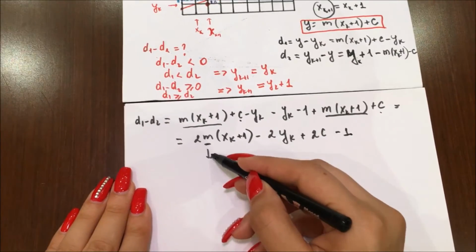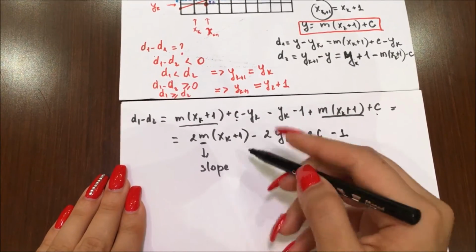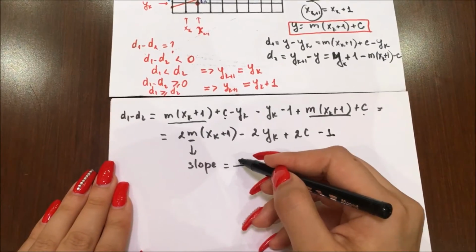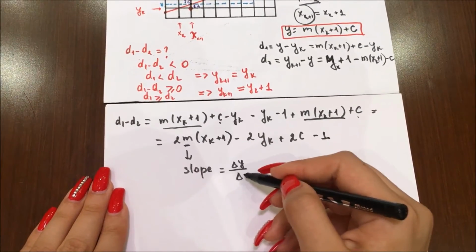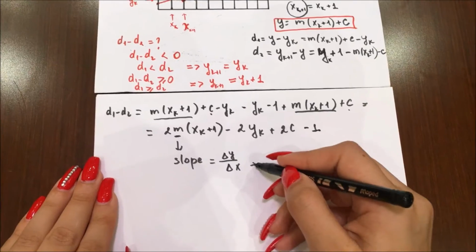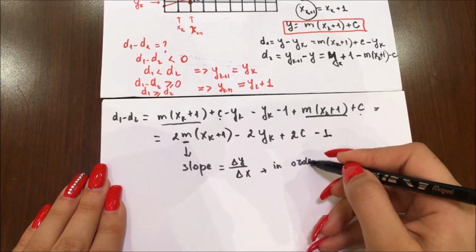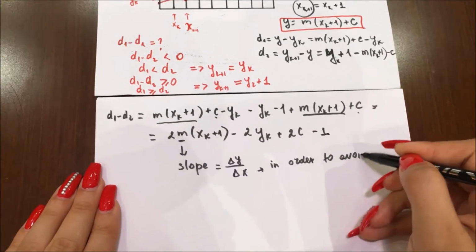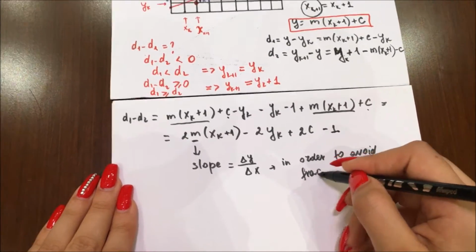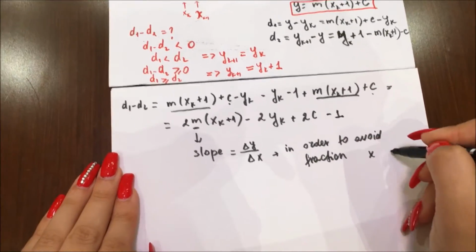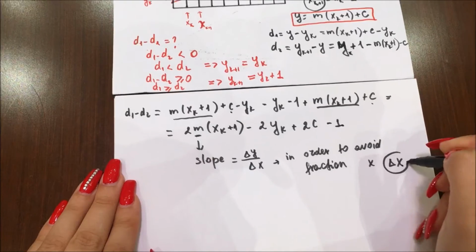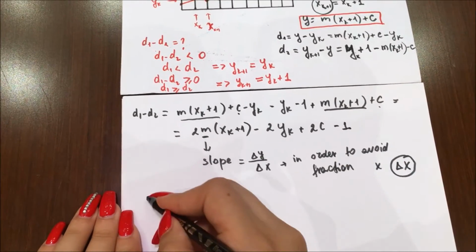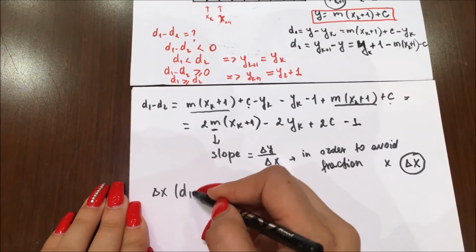Here m is the slope, which equals delta y divided by delta x. We can replace the value of m by delta y divided by delta x. After replacing it, we need to multiply each side by delta x in order to avoid fractions, because they are very expensive computations for a computer.